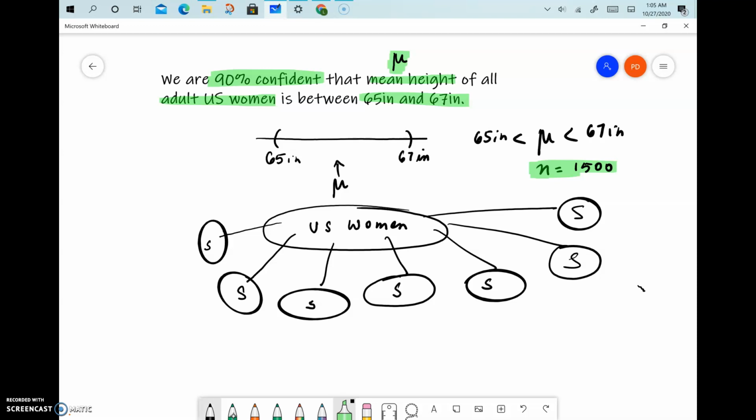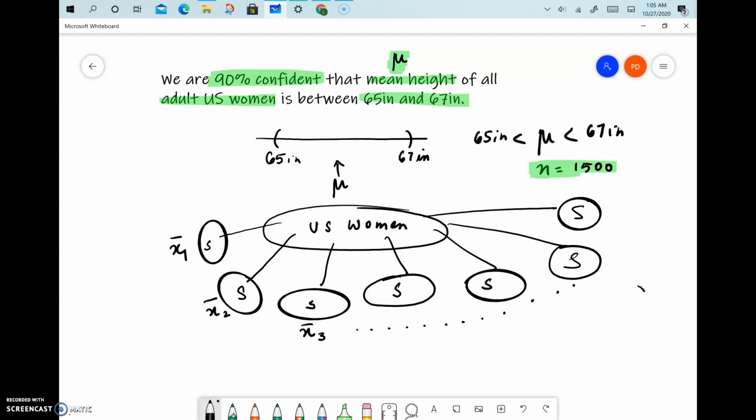Now, in each of these samples, we have adult US women. What we're going to do is measure their heights and then find the average height. X bar is the symbol used for sample mean. So that's the mean of the first sample, this is the mean of the second sample, this is the mean of the third sample.